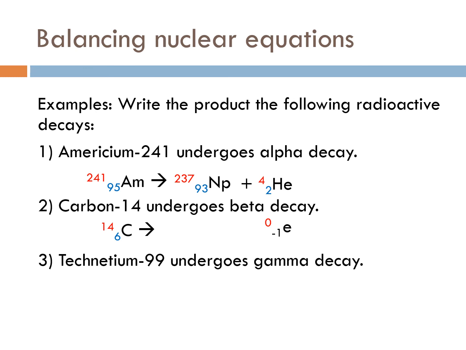So I need to find an element such that the atomic mass of the product is still going to be 14, but the atomic number has to be 7, so that 7 minus 1 gives me 6. I'm sorry, I said 5 at first, but it has to be 7. So that corresponds to nitrogen.